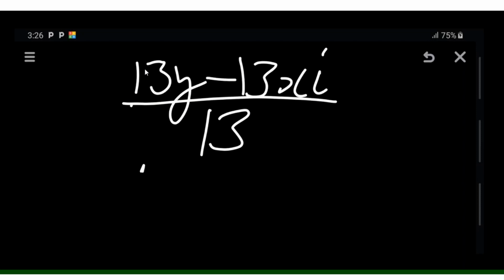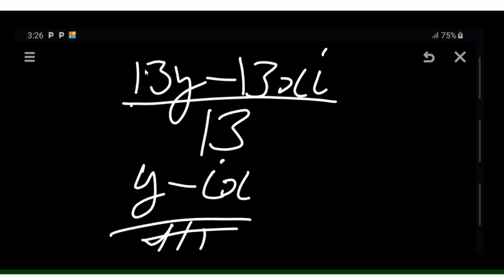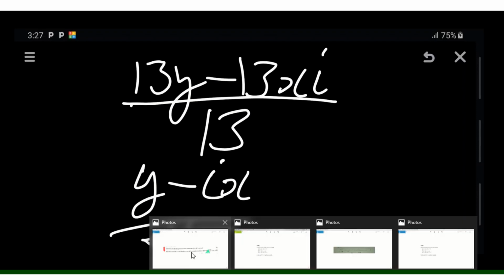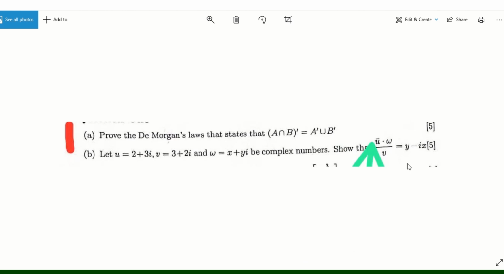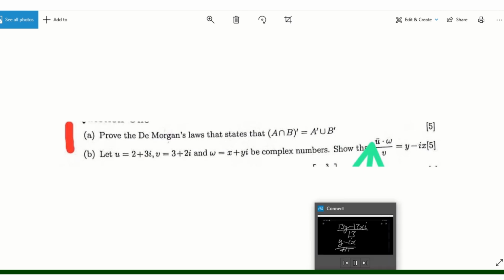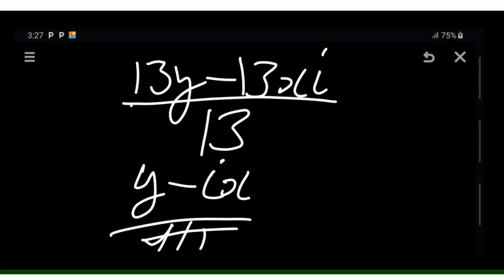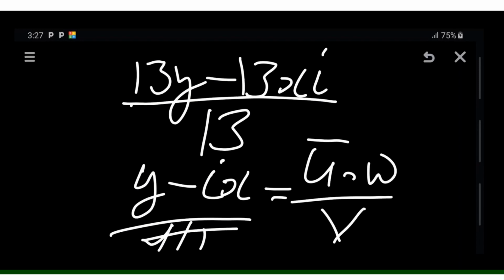So you are having y minus ix, which, when you go back there, you will see it was asking us to prove that this is equal to y minus ix. And as you can see, we have proven this one to be equal to u bar multiplied by w over v. So it's hence proven.